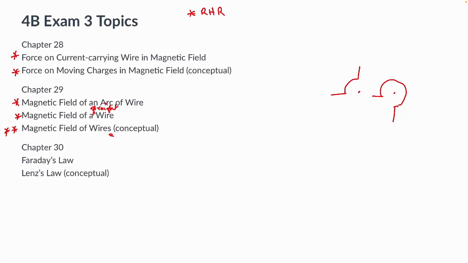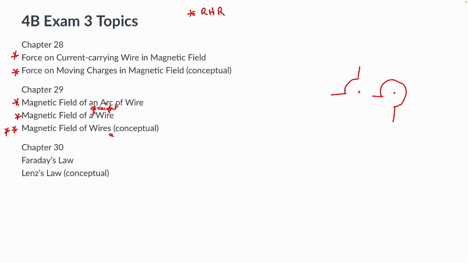Faraday's law. Does Faraday's law have a right-hand rule in it? No, it has two, or it can have two. But specifically, Faraday's law, like getting the voltage, the EMF that's induced, that's a scalar thing. It's just a voltage. So Faraday's law in and of itself is a calculation.